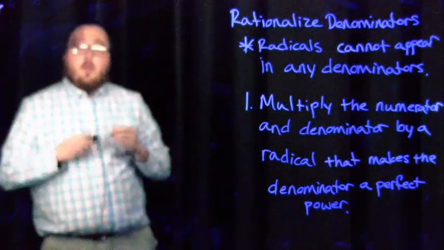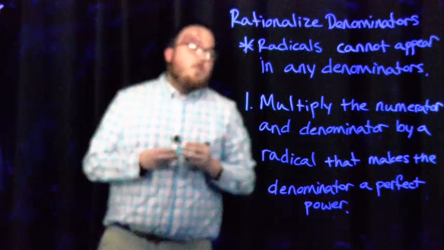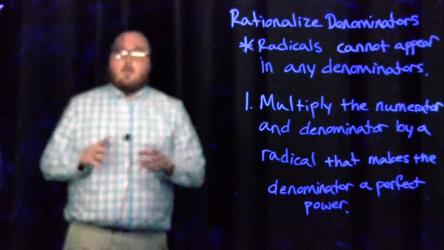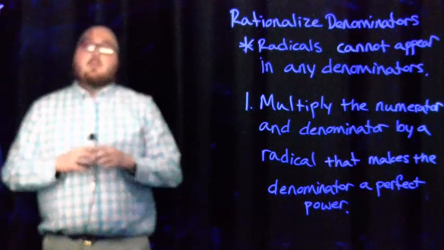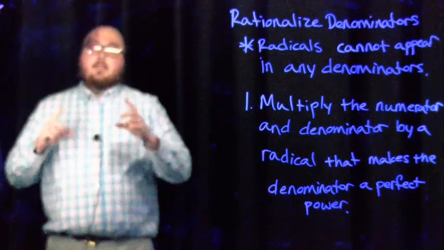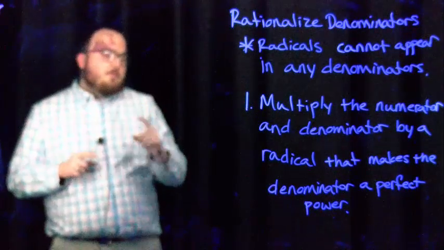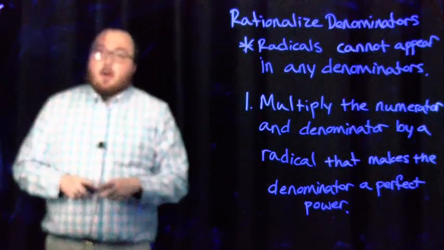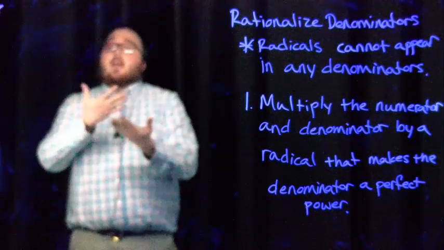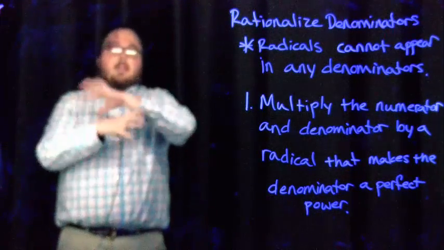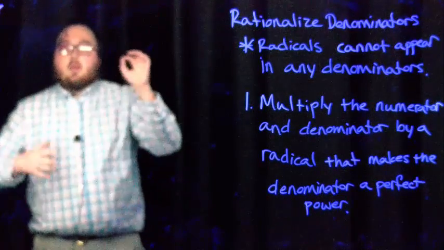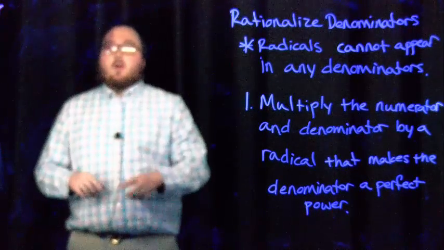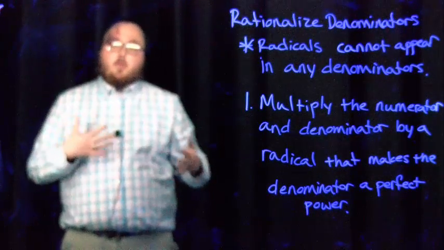Multiply the numerator and the denominator so that the bottom is now a perfect power. So if on the bottom I have a square root, what I want to do is times the top and the bottom by a square root so that the bottom is a perfect square. The reason why is because if I take a square root of a square, that's just gone, right? And so I want to make the bottom a perfect square if I have a square root.